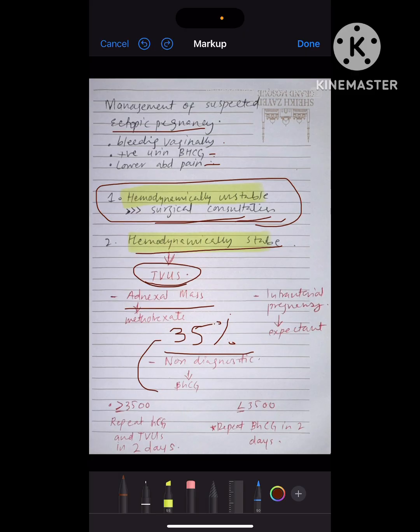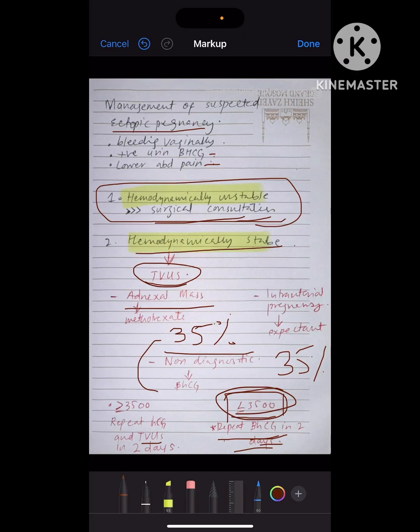After that, we have the less than 3500 mark. In this case, you only repeat the beta HCG, because you might not see the fetal pole on transvaginal ultrasound because it's still so early. But if you repeat beta HCG and in 2 days you do not have the expected increase of 35%, then you say, okay, this is not a viable pregnancy, or maybe it's ectopic pregnancy, because in ectopic pregnancy we also do not have the appropriate increase in beta HCG.